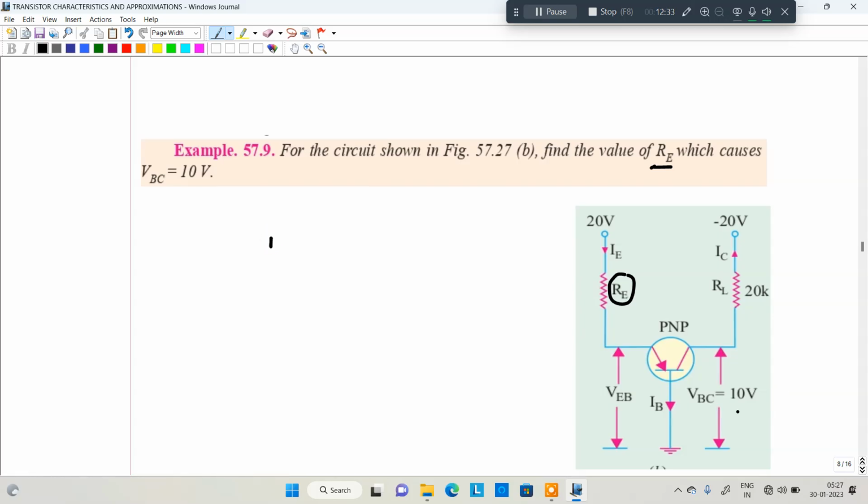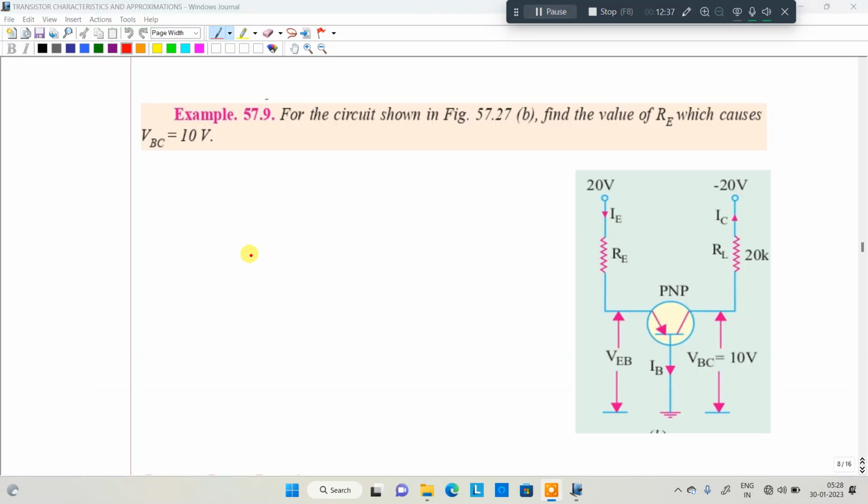The formula here: RE is equal to 20 divided by IE. So if you want to find RE, you should find IE. How to find IE?